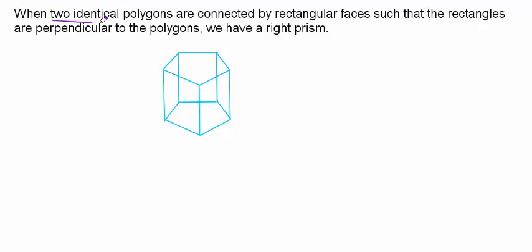When two identical polygons are connected by rectangular faces such that the rectangles are perpendicular to the polygons, we have a right prism. As you can see over here, we have two polygons. The polygons happen to be pentagons with 5 sides in this case.